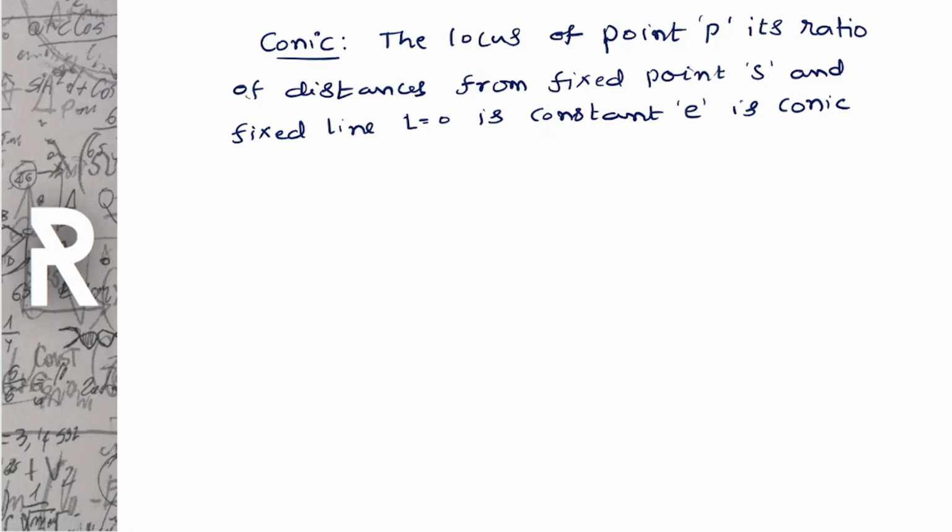Here, this is the fixed point S, this is the fixed line L. The collection of points P, whose distance ratio, meaning this distance to this distance, the perpendicular distance, you get under a given ratio.